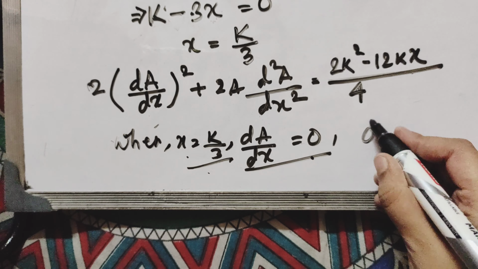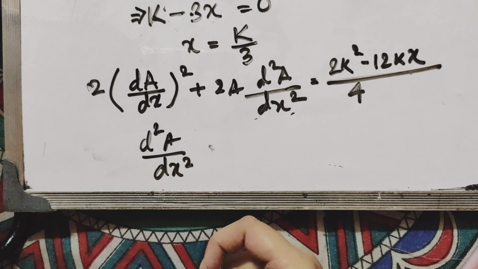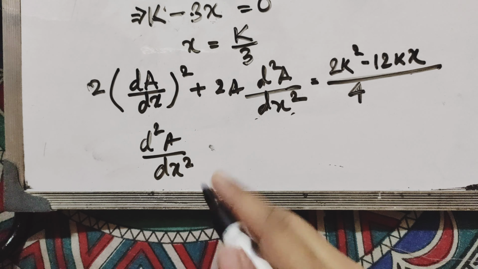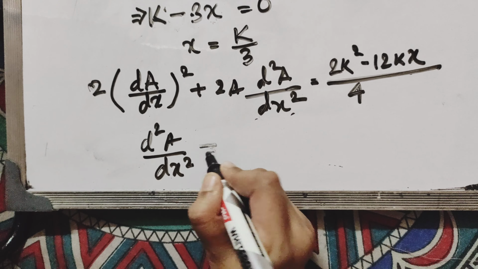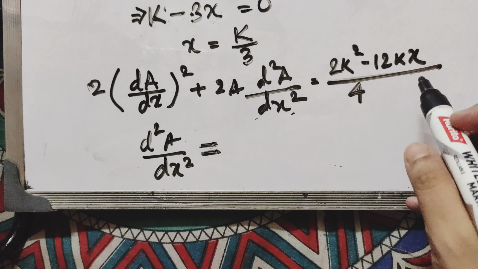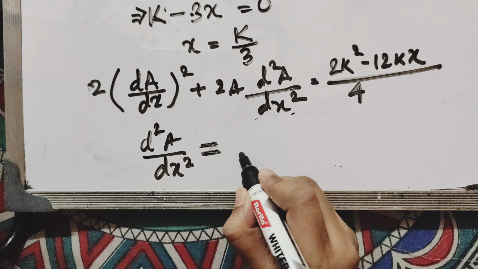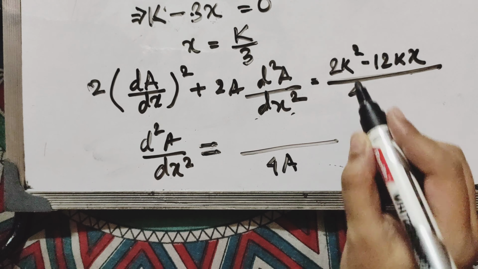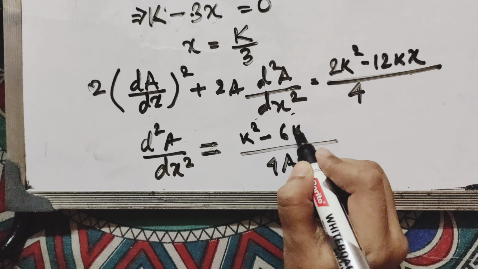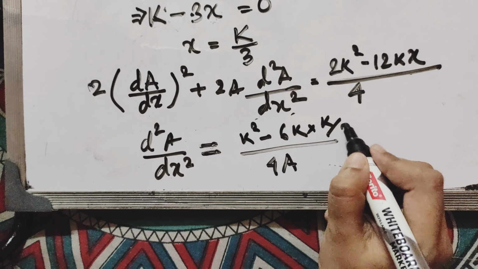Now d squared A divided by dx squared equals, if we take common 2, k squared minus 6kx, then we put here 4a and k squared minus 6 into k into x, that is k by 3.